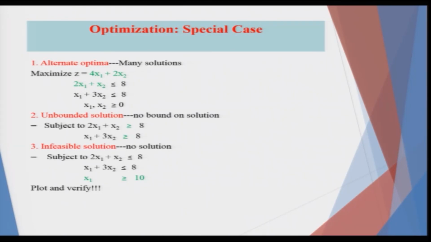Now, for the case of an unbounded solution, that means no bound on the solution, consider that maximization is the problem given here, subject to constraints 2 x 1 plus x 2 is greater than 8 and x 1 plus 3 x 2 is greater than 8. As you keep moving the entering and the exiting variables, the number of variables remains fixed, they are not changing. If you had the greater than sign for both of them, you will have x 1, x 2, S1 and S2, depending on how we portray them as a slack or a surplus variable, depending on the greater than sign or the less than sign.